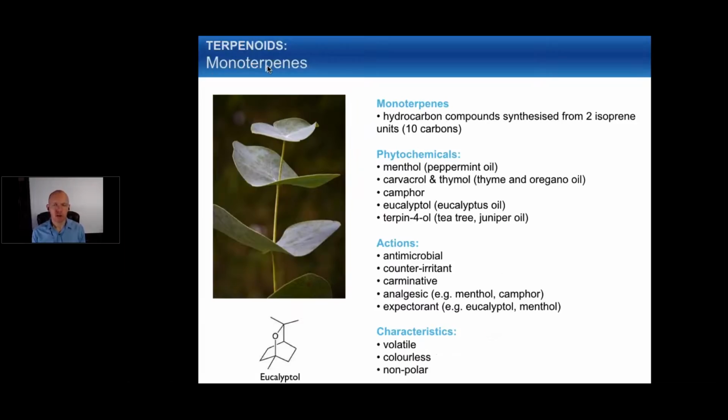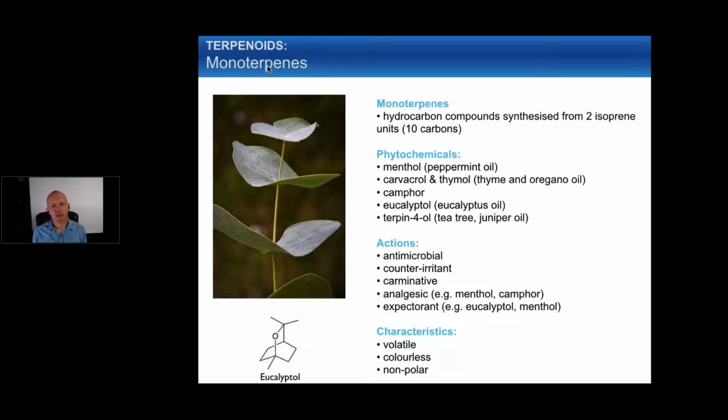So monoterpenes usually have 10 carbons. You could, technically speaking, add some extra ones on afterwards if you wanted to, but the basic building block is a 10-carbon structure. The classic monoterpenes that we'll talk about is menthol. This is the active ingredient in peppermint oil. Carvacrol and thymol are found in thyme and oregano oil.